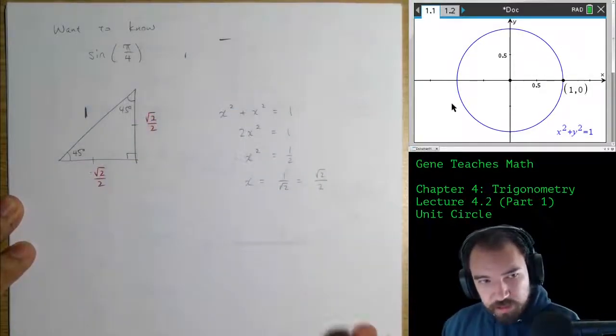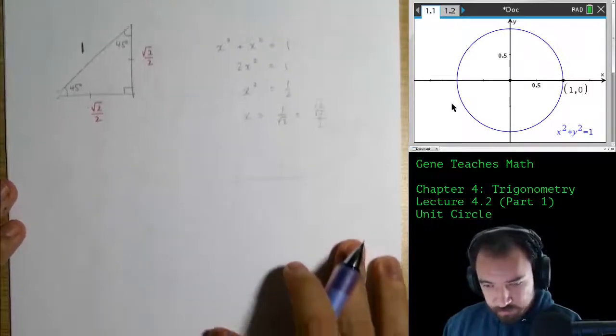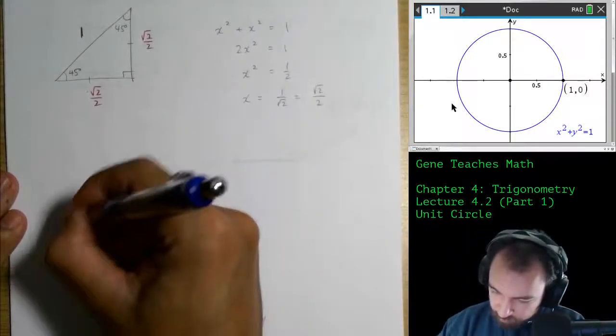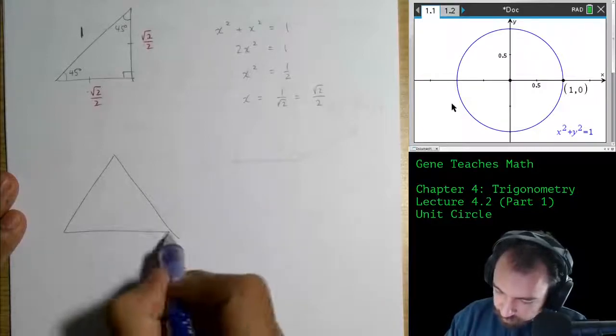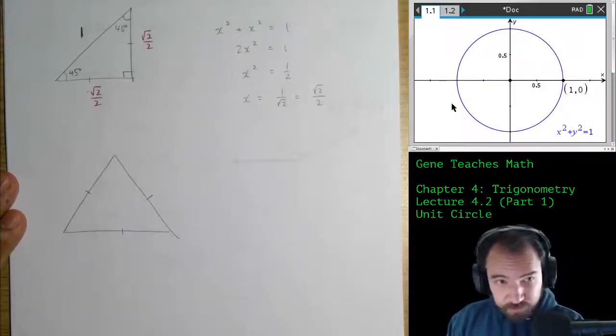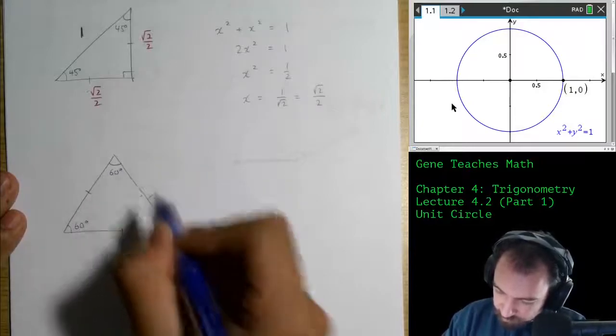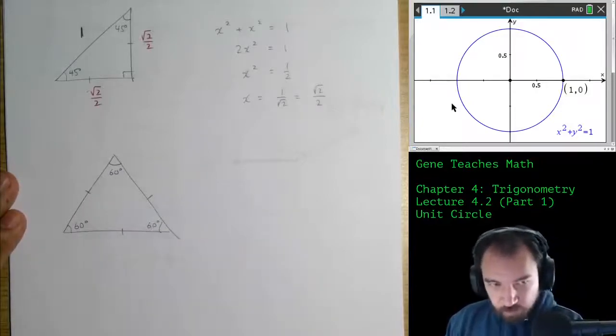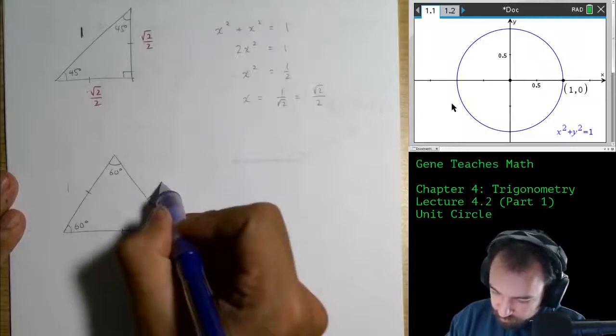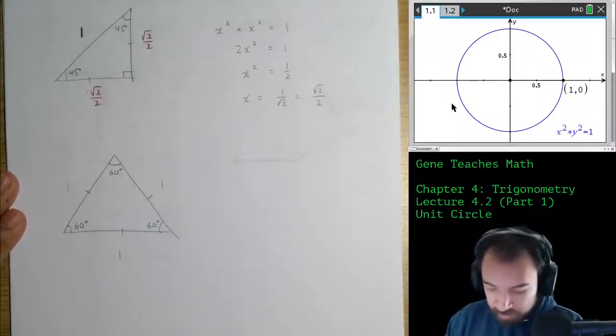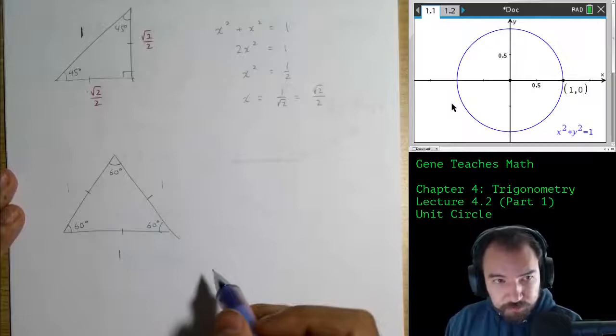Okay? Then I can make another triangle. This is the equilateral triangle, where all the sides are the same as each other, which forces all the angles to be the same as each other. Now I'm going to label each of the sides with length 1.